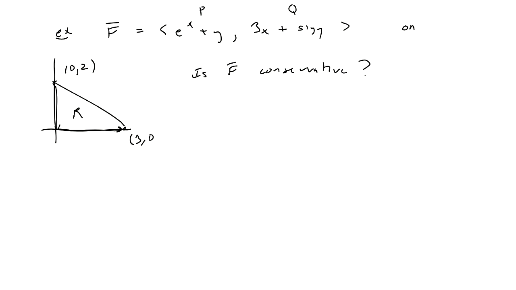Right, so no, because the derivative of p with respect to y is equal to 1, which is not equal to the derivative of q with respect to x. So it's not conservative, which means I can't use the simpler approach, where I wouldn't even have to find the potential function because it's closed and the integral is 0. If that was x plus sine of y, this would be a really simple problem.